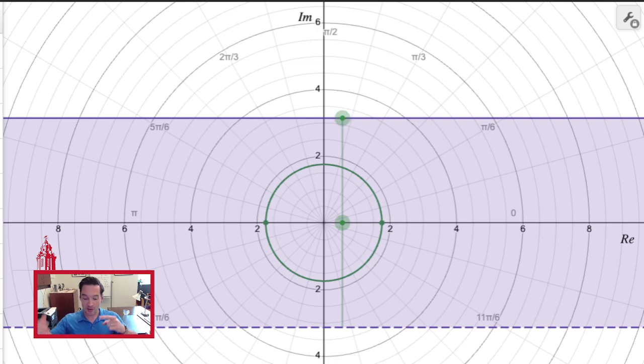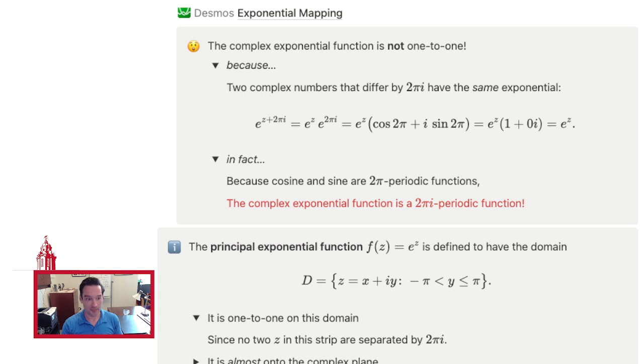So we have a 2 pi width, or 2 pi height, strip of the complex plane, which forms the domain of our principal exponential function. And on this domain, the complex exponential function is one-to-one.